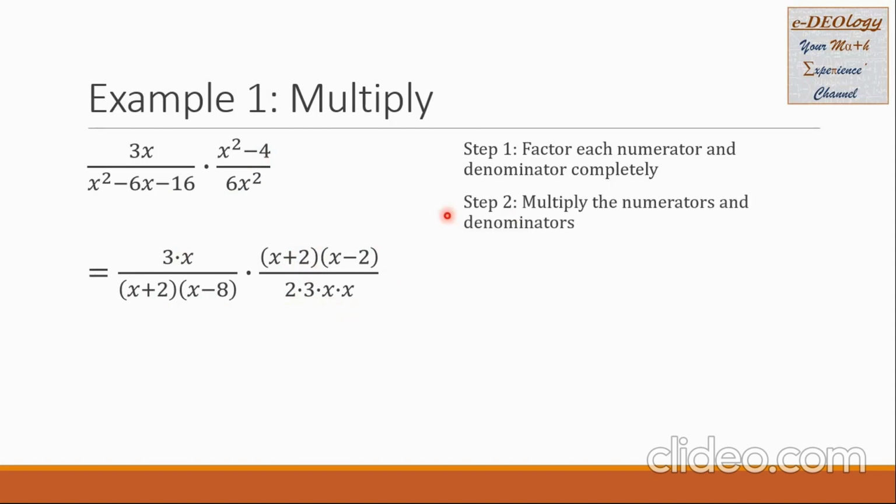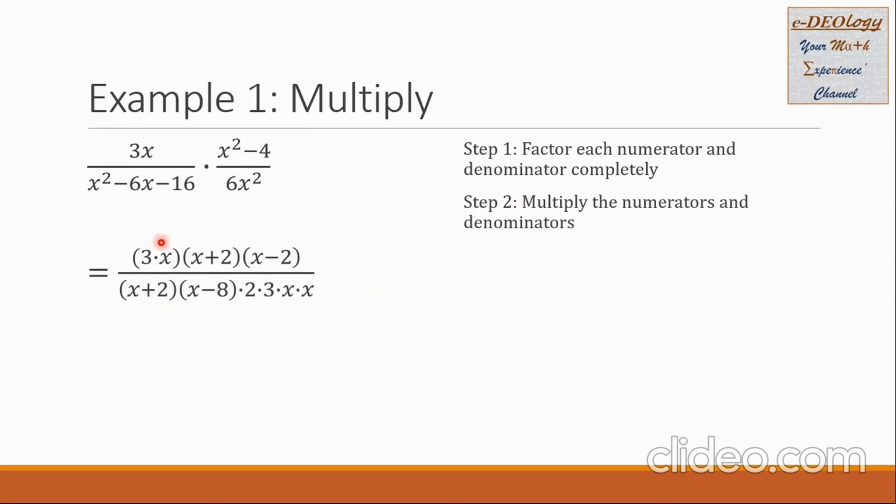In step 2, we will multiply the numerators and denominators. So it is like we're going to combine all numerators as 1 and also all denominators as 1. So it will be like this.